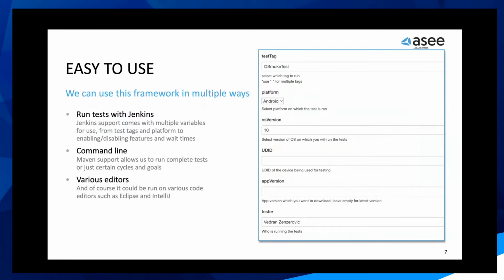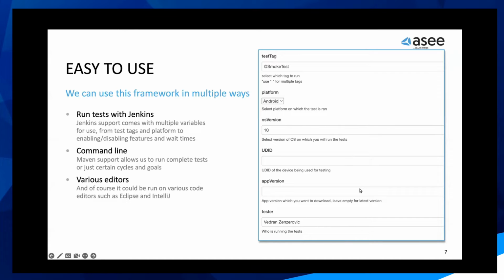So basically, any client can run the test if they have a mobile phone and application. You can run the test by simply choosing the tags, which test you want to run, the platform, which iOS version or operating system version, the UDID for your mobile, the app version, and who the tester is.